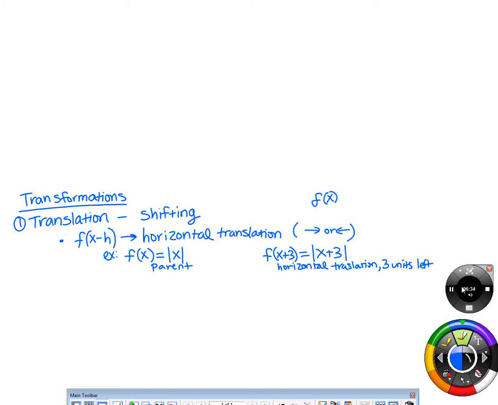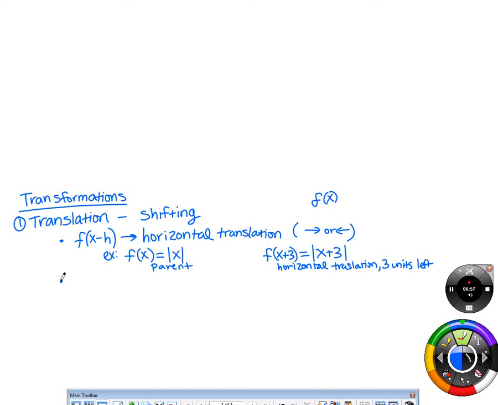Okay? All right, so there can also be a vertical translation. How do we think a vertical translation is going to compare to how I noted the horizontal translation here? So what moved our absolute value function up and down? The k value. When did the k value occur?